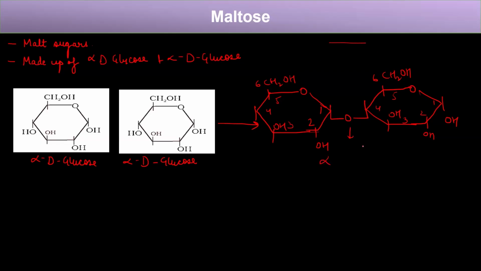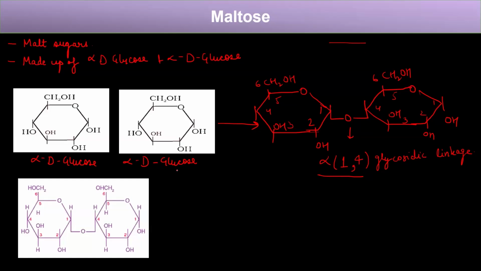Alpha linkage, right? And the second thing, what carbon molecules are involved? Of the first glucose, the first carbon is involved, and of the second glucose, the fourth carbon is involved. Hence, it becomes alpha 1,4 glycosidic linkage. So in case of maltose, the kind of linkage we have is alpha 1,4 linkage, right?